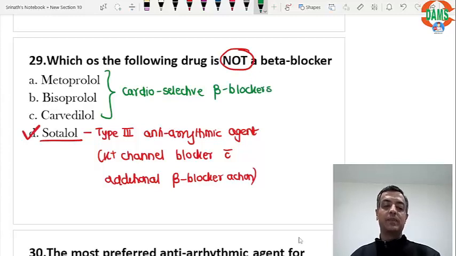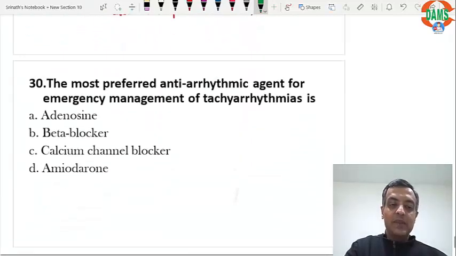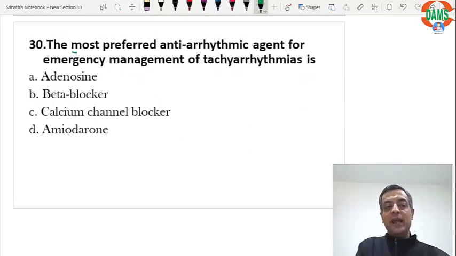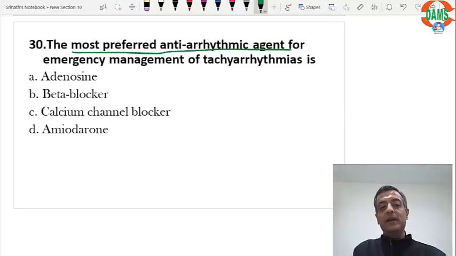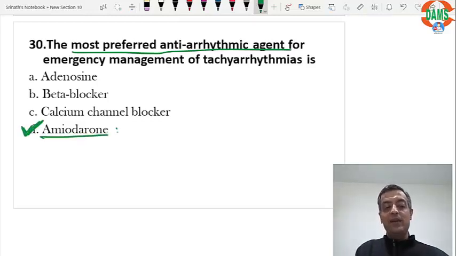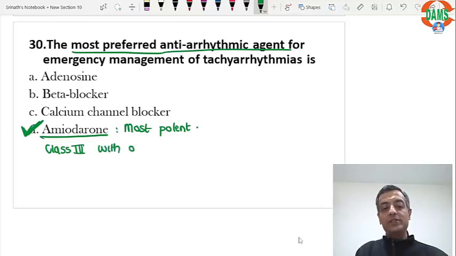Correct answer. Question number 30. The most preferred anti-arrhythmic drug in the emergency management of tachyarrhythmia is amiodarone. Why? Amiodarone is the most potent drug because it is primarily a class 3 action with additional class 1 property.